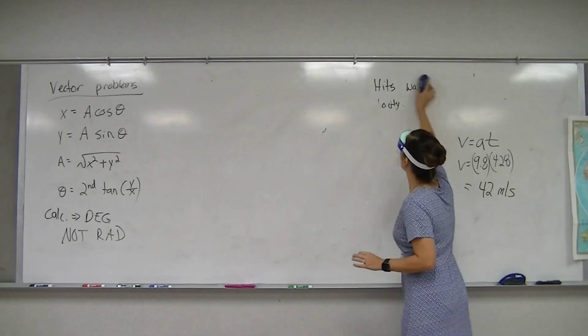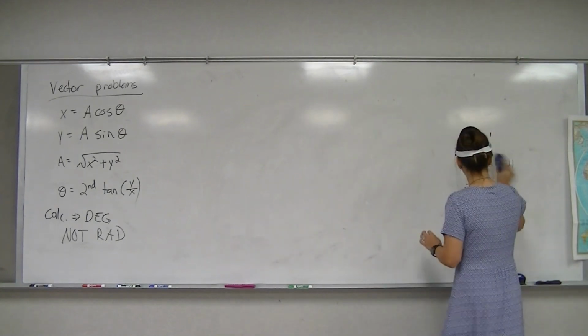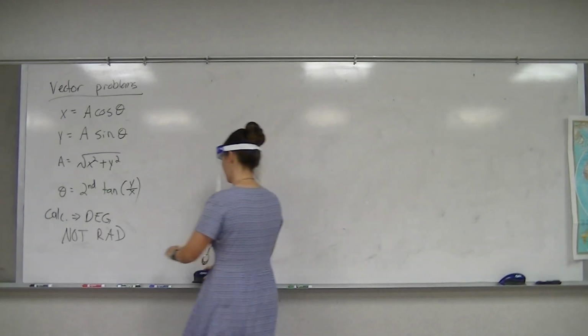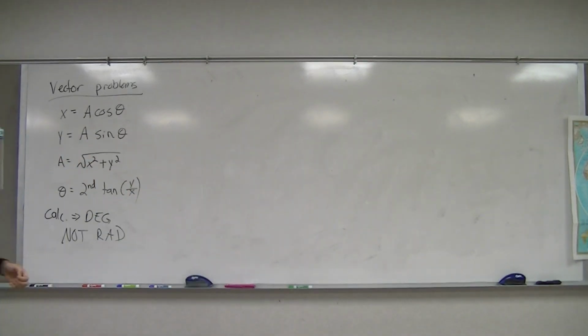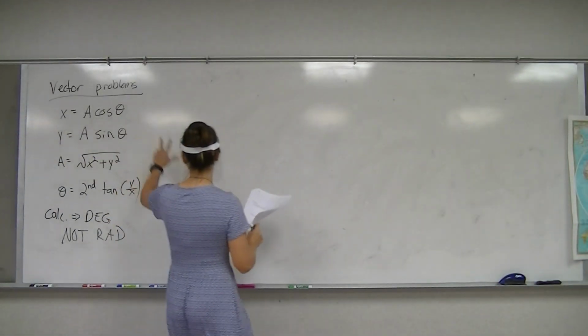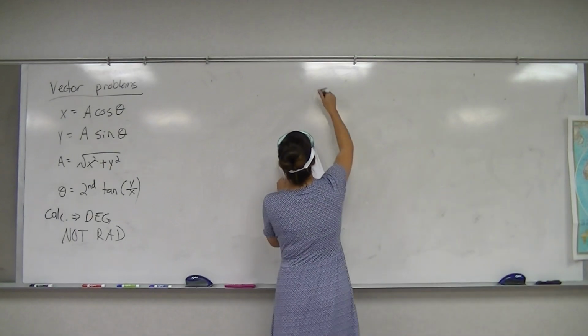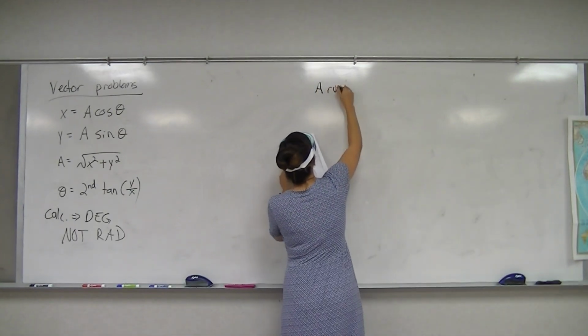So what is a vector problem? I'll write an example of one, and then we'll apply it. We'll draw a picture of it to try to understand it better. So we're going to have somebody running.